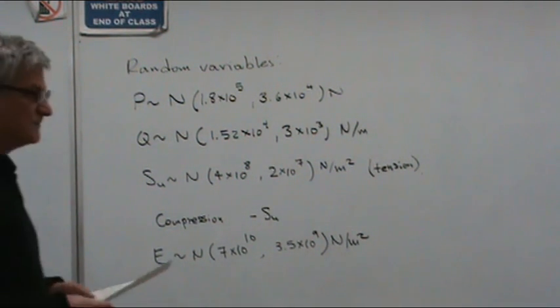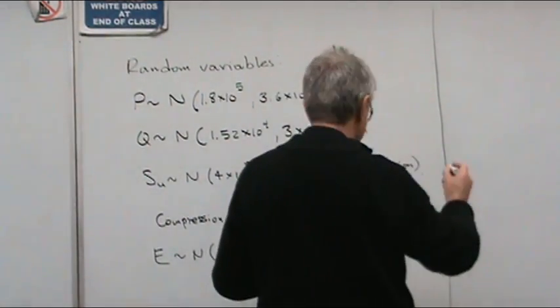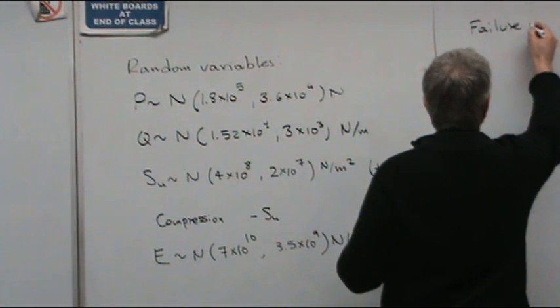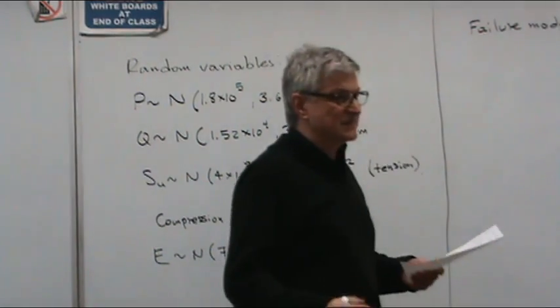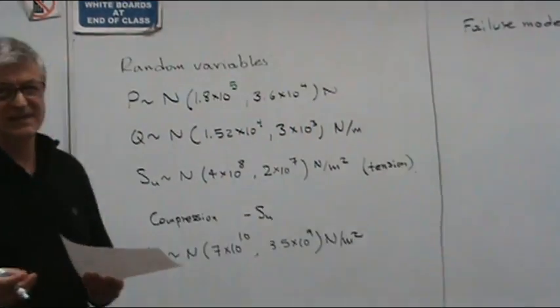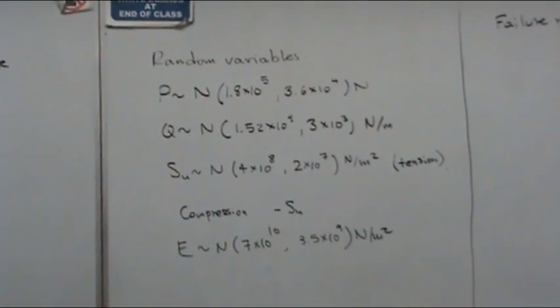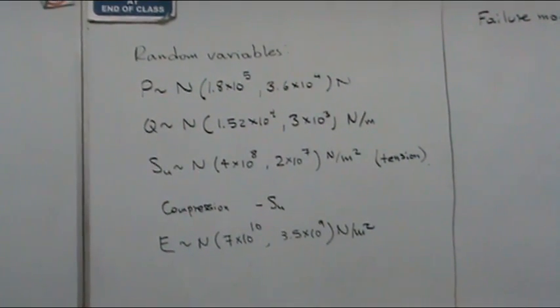Okay. Let's look at the ways that a beam can fail. So, failure modes. The beam in general can fail in different ways, so we have to check every different way. What are the failure modes?